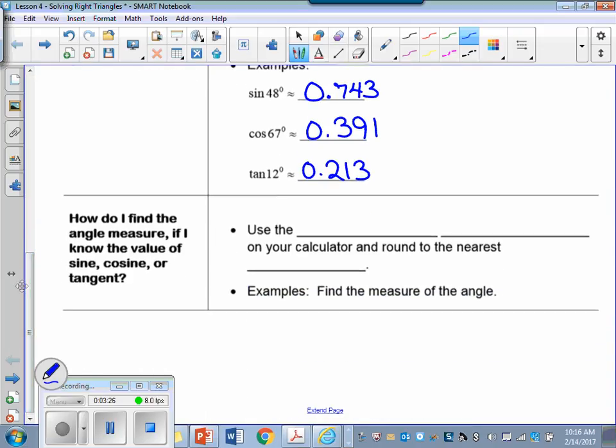So how do I find the angle measure if I know the value of sine, cosine, or tangent? So we're going to use the inverse trig functions on our calculator, and for this I'm going to ask you to round to the nearest degree. Okay, so we're going to find the measure of the angle.